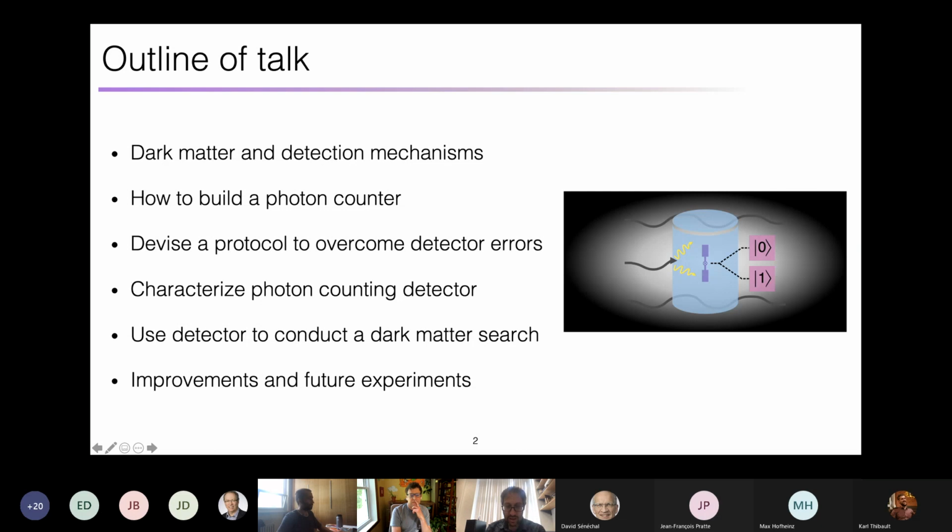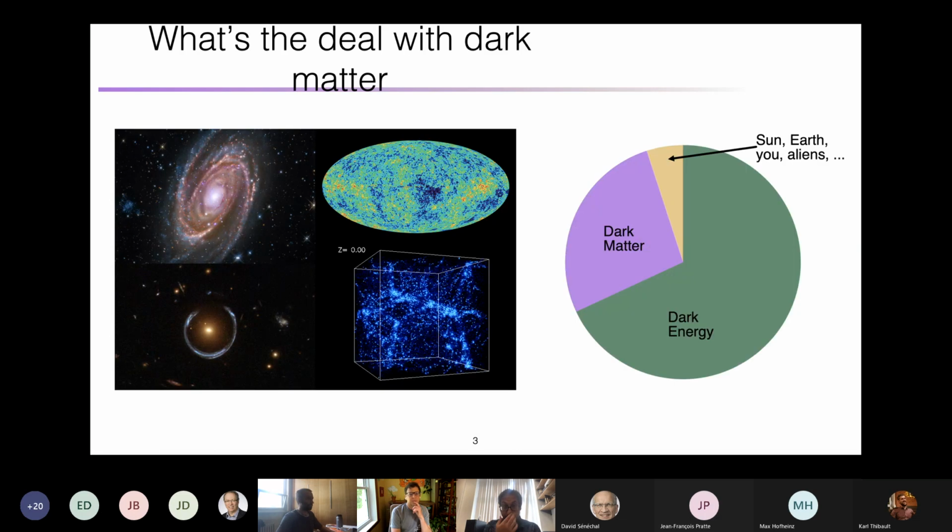Then I'll show you the actual experiments of how we're doing that. We've done a nominal, very localized dark matter search with that, just as a demonstration.